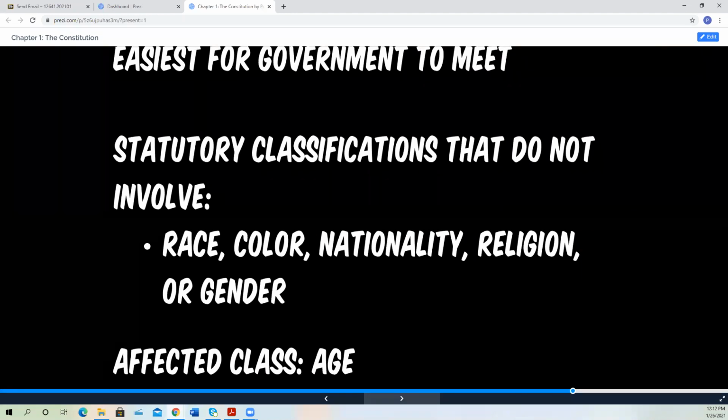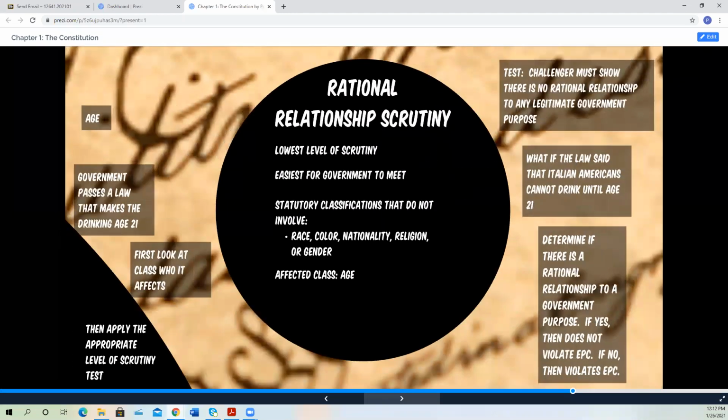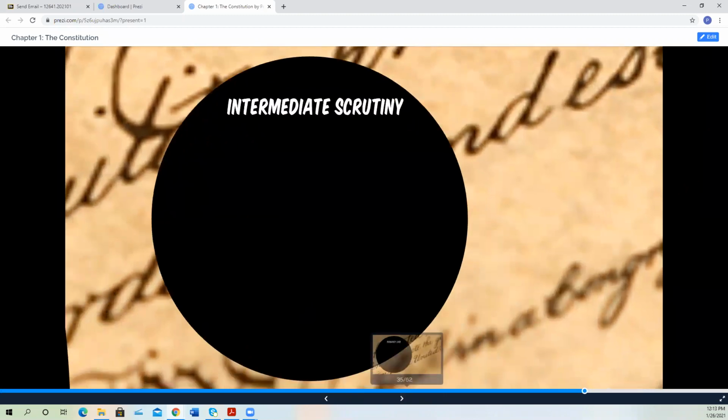So we would have to use a different test, and we'll get into that later. So the very first thing is look at who the group is. And so far we learned that if the group is strictly just because of their age, we apply the rational relationship scrutiny test. Now let's look at intermediate scrutiny.